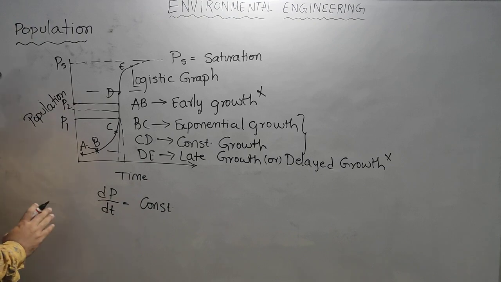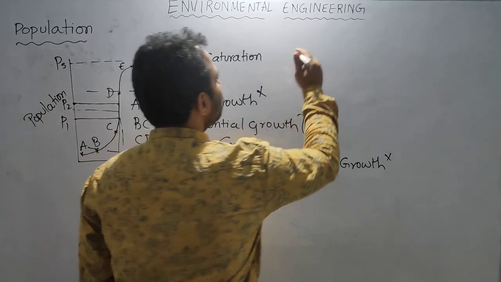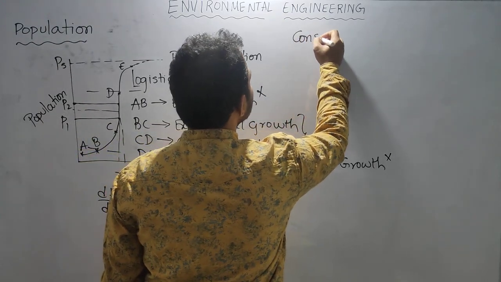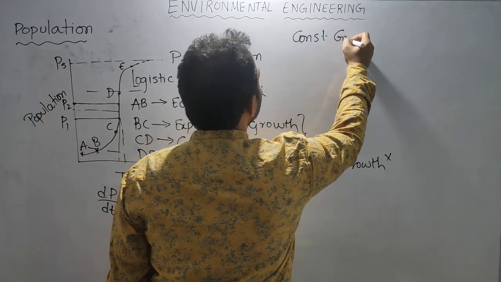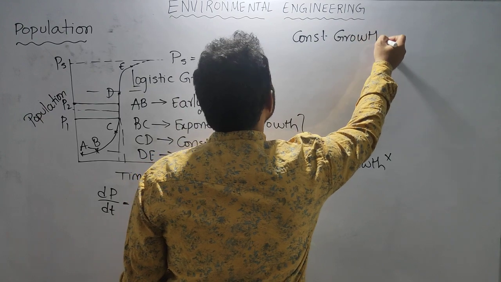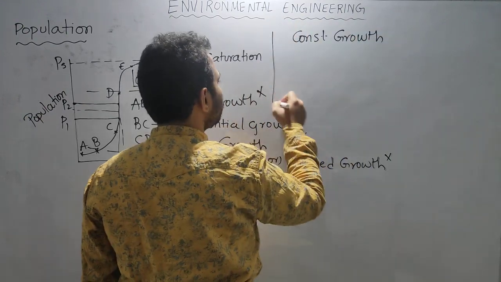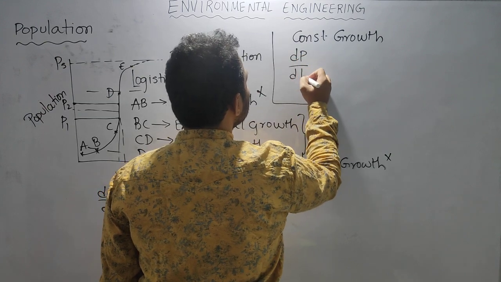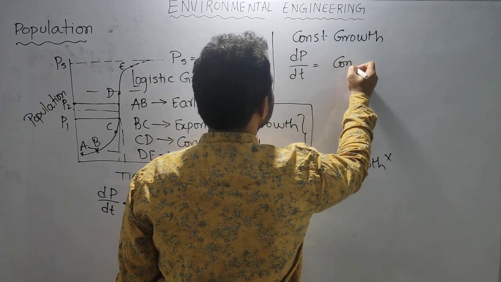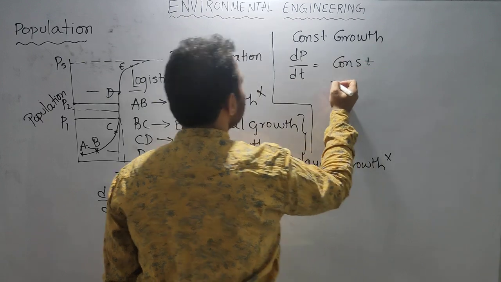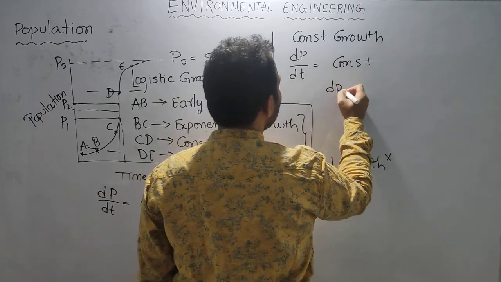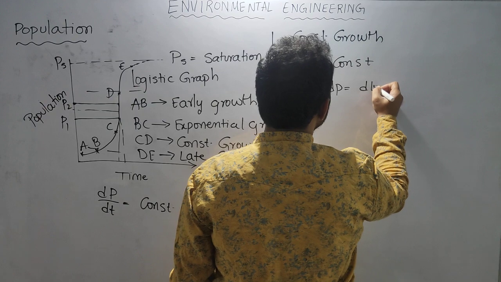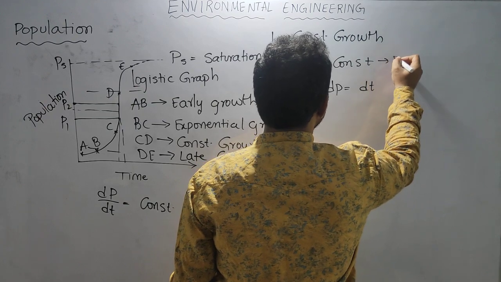Now if dP by dt is constant, then dP is equal to k into dt, let us take this constant as k.